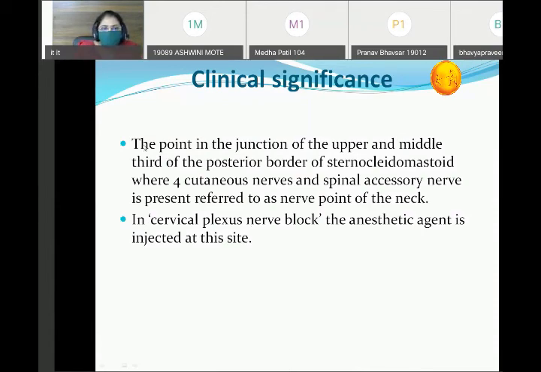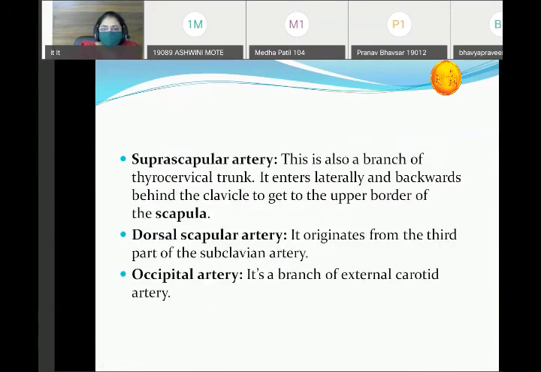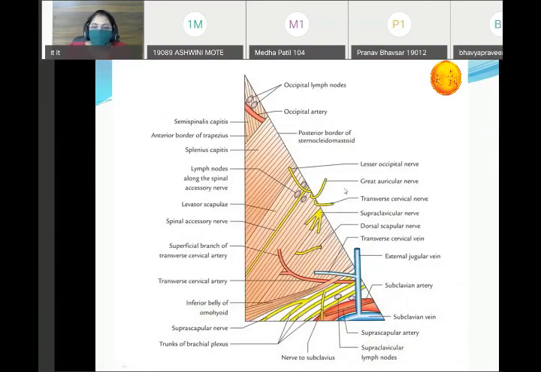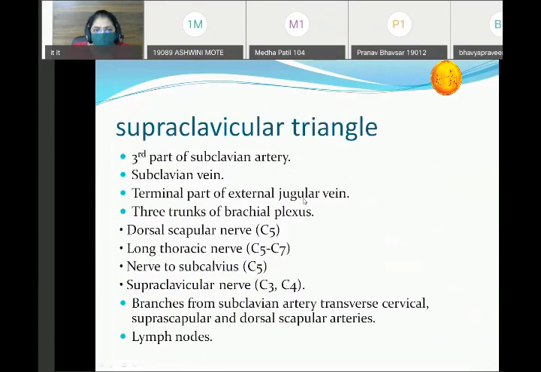We see now the applied clinical anatomy. This is the point where the four cutaneous nerves are present, just at the posterior border of the sternocleidomastoid. Also there is the spinal accessory nerve.